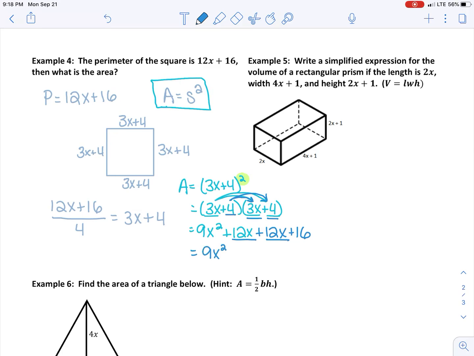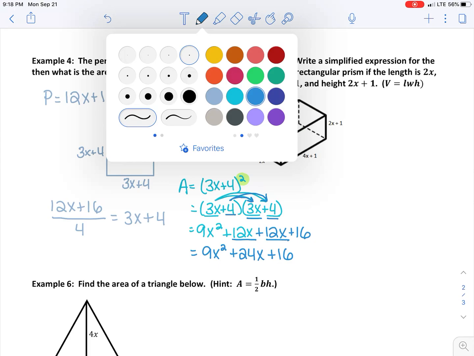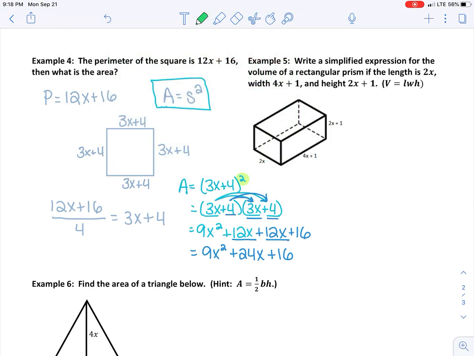So everything gets brought down. The 12x and the 12x becomes a total of 24x. And so I end up with 9x squared plus 24x plus 16 is the area of my square.